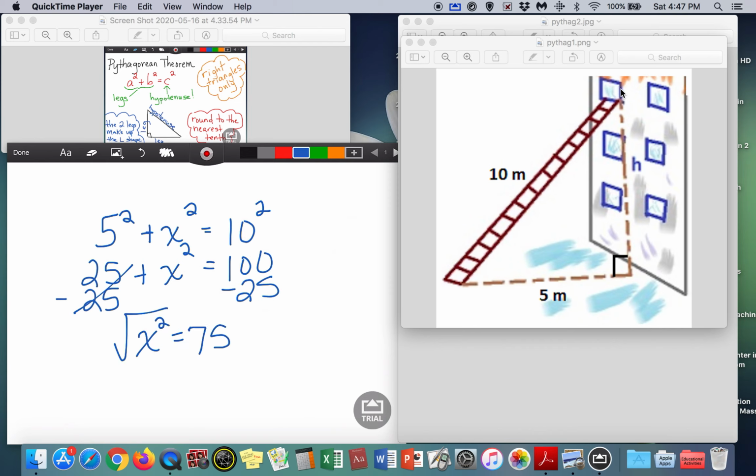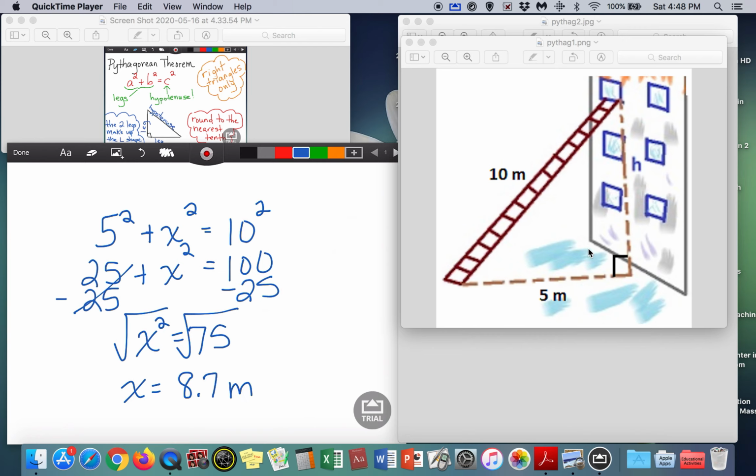And then I'm going to take the square root of both sides. So I'm going to punch in the square root of 75, and rounding to the nearest tenth, I'm getting 8.7, and then this one would be meters, because if you see in the story problem, that's meters.